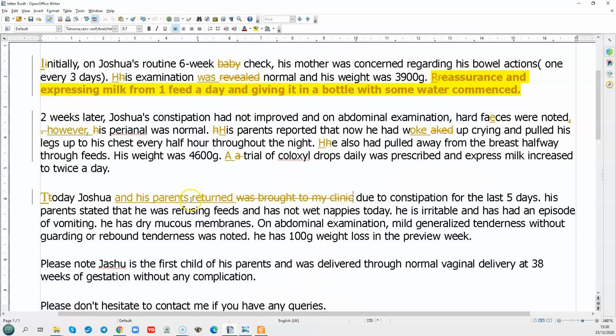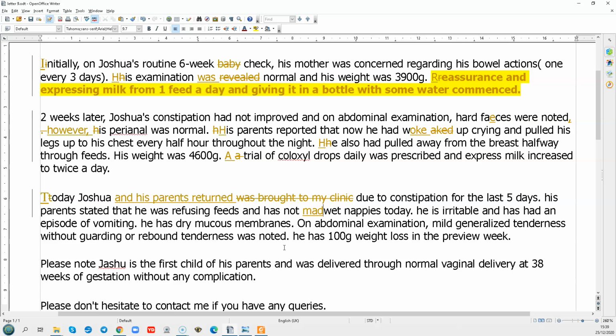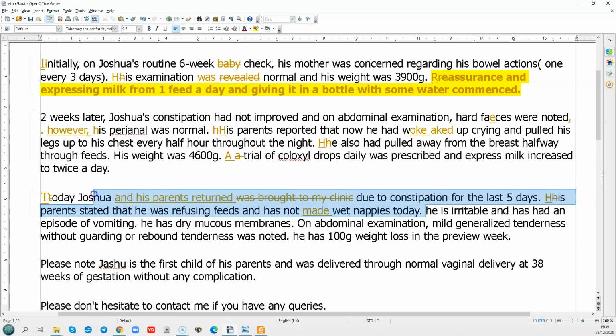So his parents stated that he was refusing feed and has not made any wet nappies today. I don't know, why is this not capitalized? His parents returned. So you could have put all that in a single sentence.